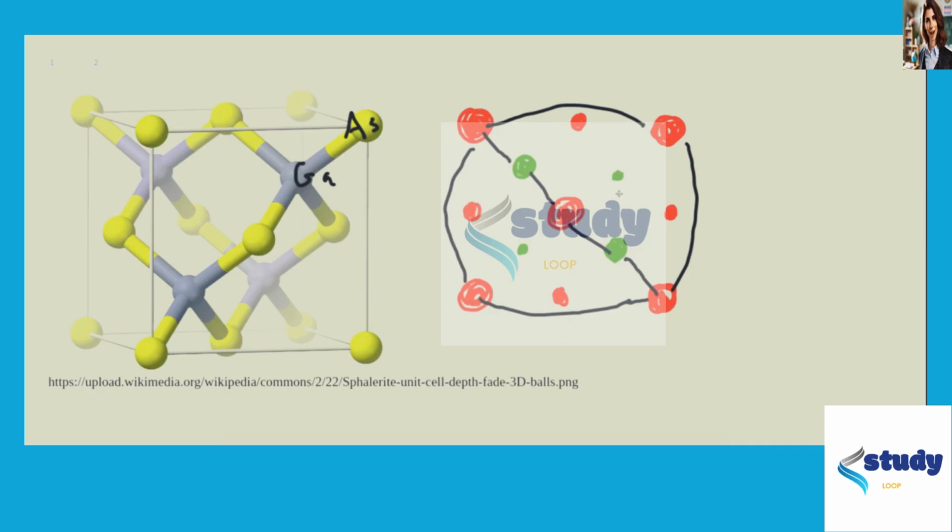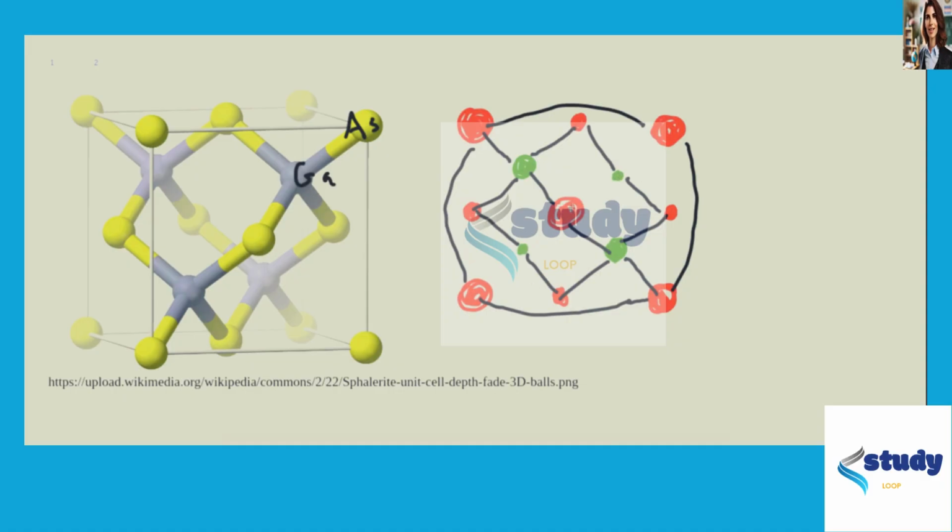Let's see. This is connected to that and that. Yeah. So you have each gallium connected to 4 arsenics, or each arsenic connected to 4 galliums.